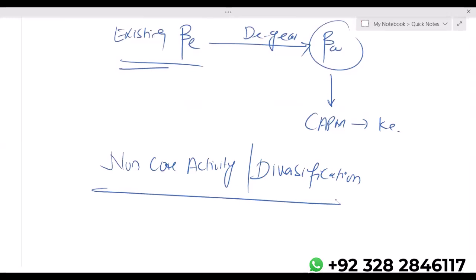And normally, how do we get the beta asset of the new industry? There is a very rare chance that the examiner directly gives you the beta asset of the new industry. But normally, I would say the examiner is not so nice towards the students. So most of the time, you are the one who will have to find out the beta asset of the new industry.